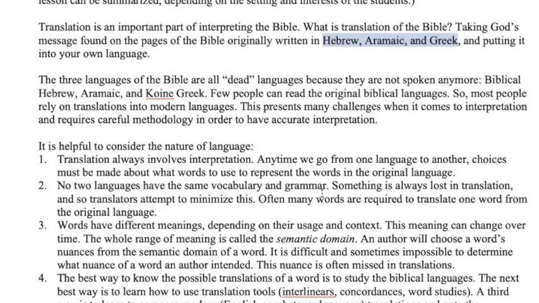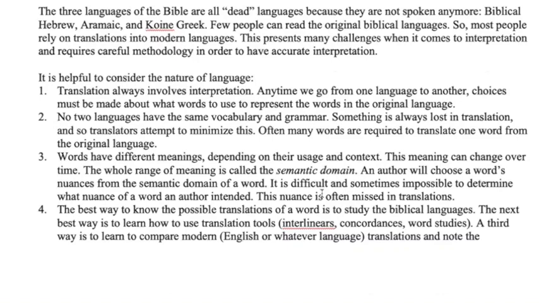And you know this because you both have different languages than English. And so it's very challenging to go from English to your language or to go from your language into English. The same is true when it comes to the languages of the Bible. That's why there are different translations today. Everyone may have just a little different interpretation of the original biblical languages.